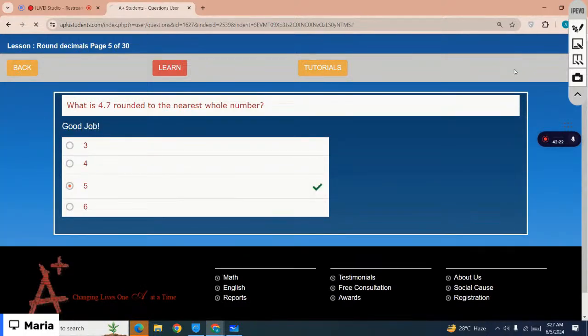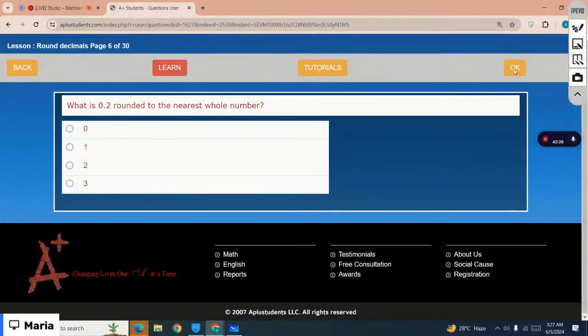What is 0.2 rounded to the nearest whole number? So which is the correct option?